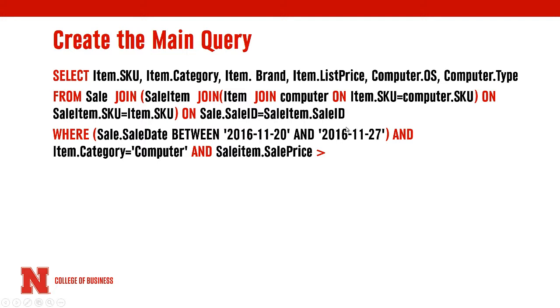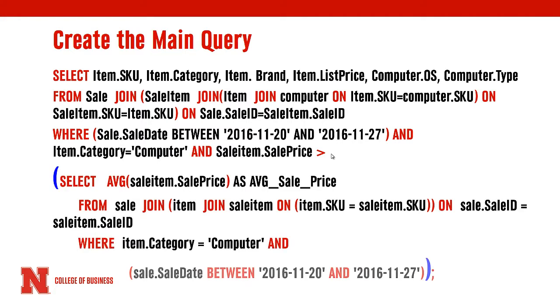And then we need to add the criteria: sale date between those two days, November 20th and 27th, and category being computer. Sale item sale price should be greater than the average, and now we know that the average is one number returned through the nested query. So basically we just open a pair of parentheses, include that nested query inside, and run the query.